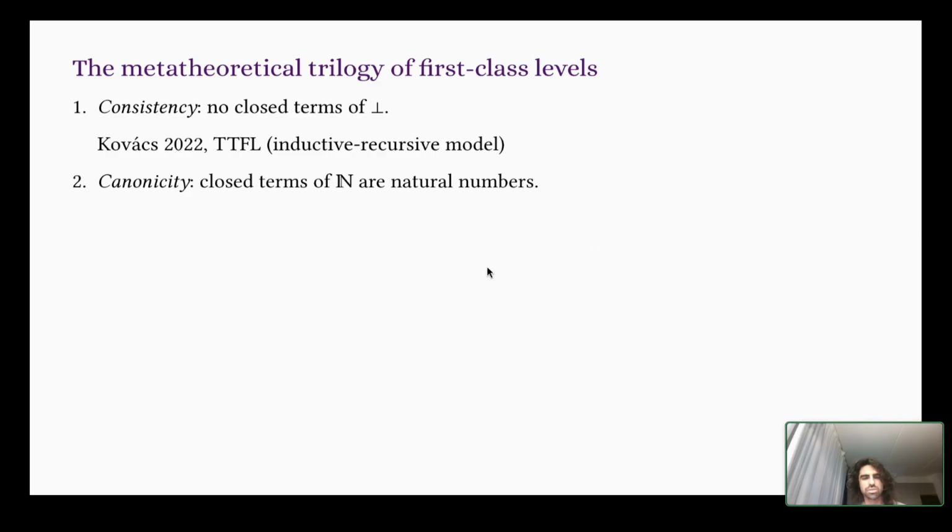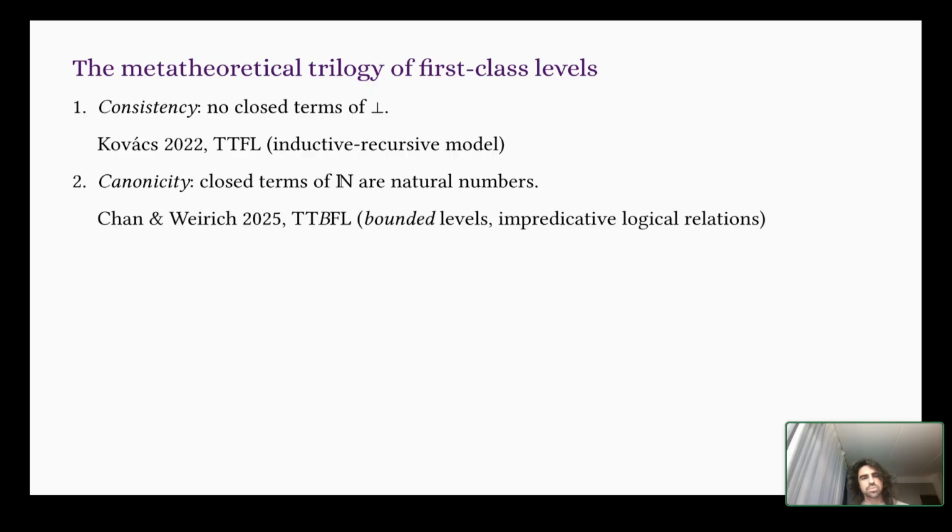So this is a sort of characterization of the closed terms of type natural number in the same sense that consistency characterizes the closed terms of the empty type. And this was also proved by Jonathan Chan and Stephanie Weirich in a recent paper about bounded level polymorphism, which is a bit more general than what I'm going to talk about.